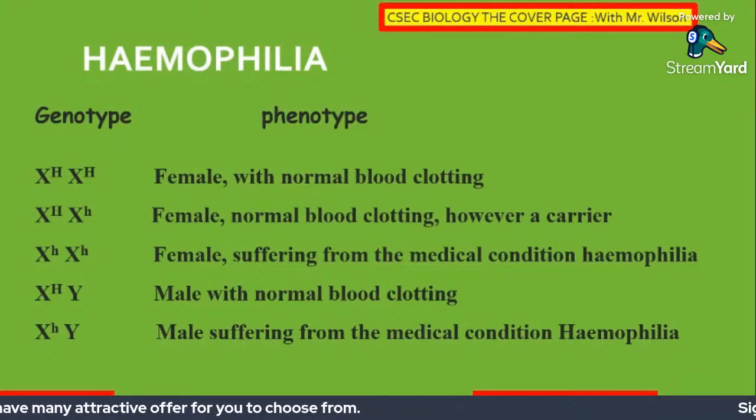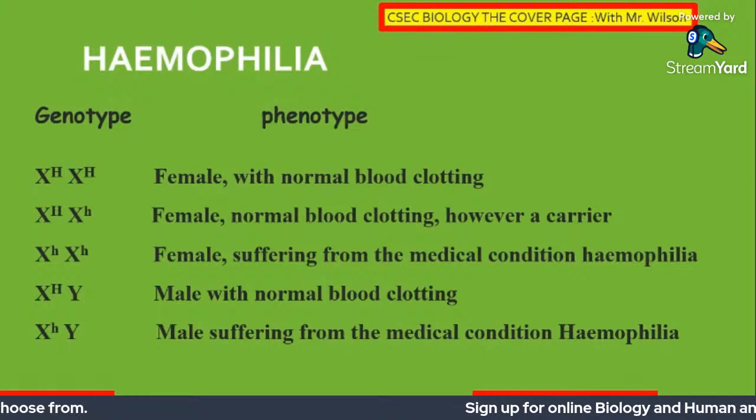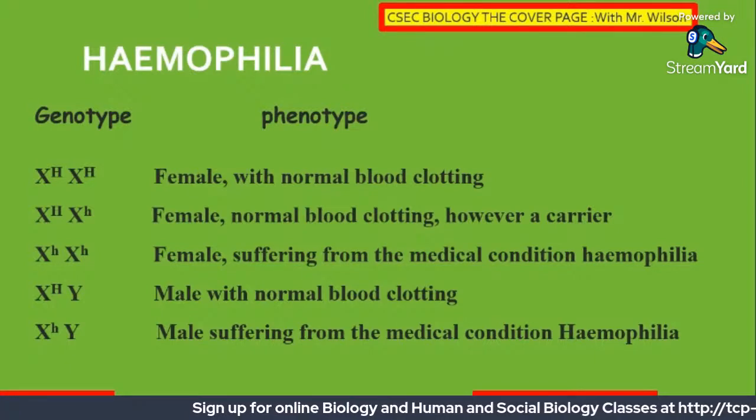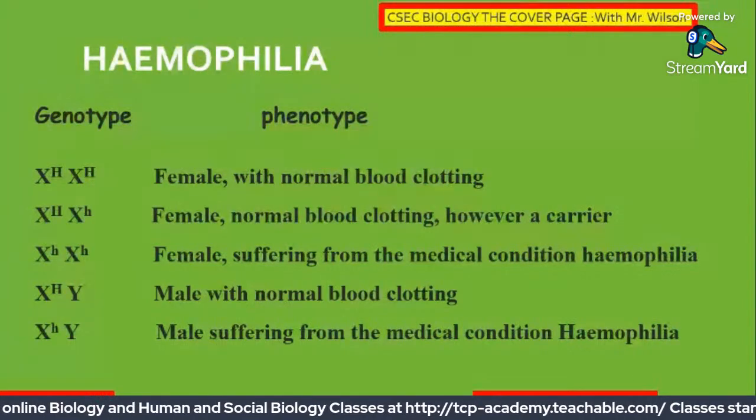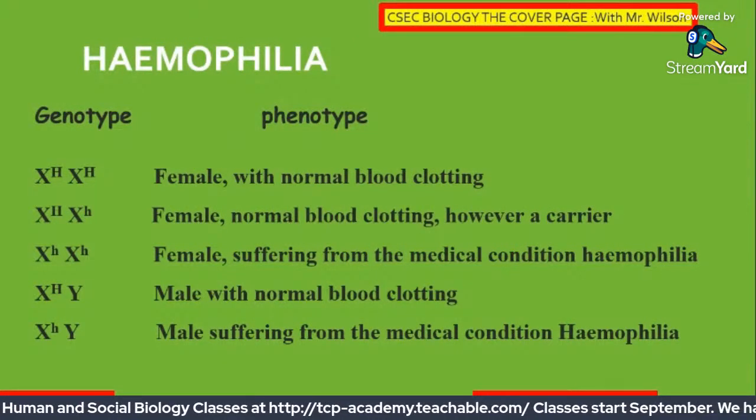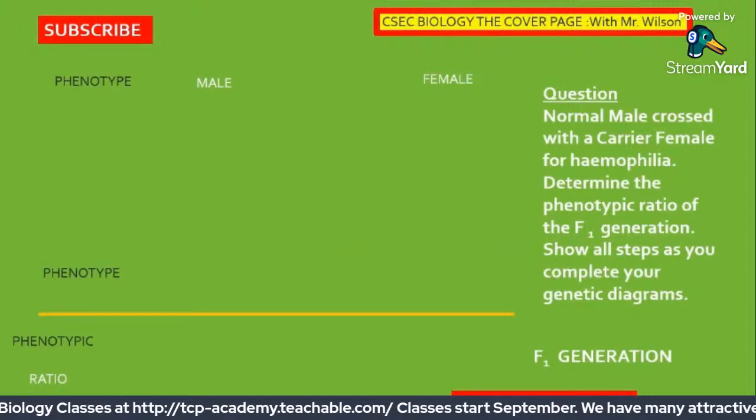Now that these are well defined, let us look at doing a genetic cross, which is well animated. At any point you can stop and replay the video to ensure that you have a good grasp of doing the genetic cross. So we start by looking at the question.